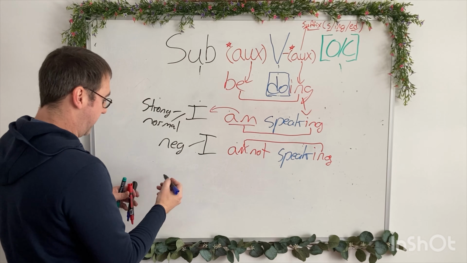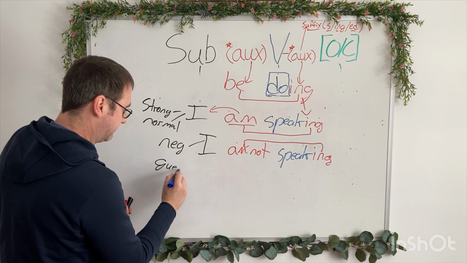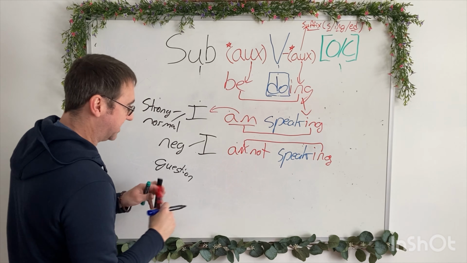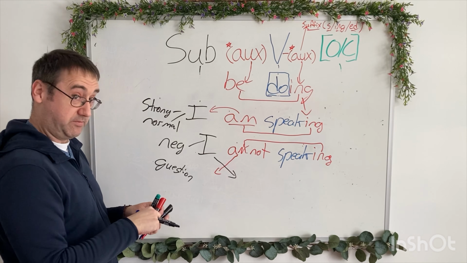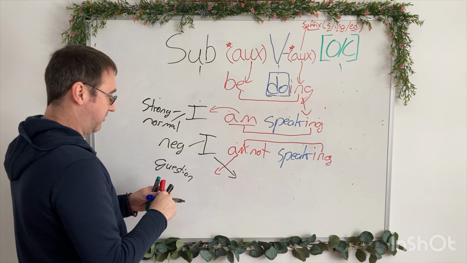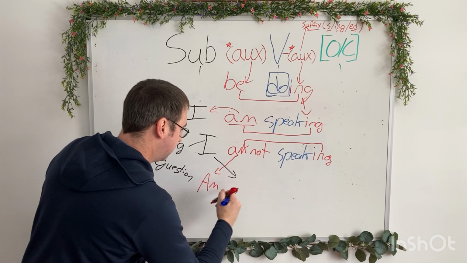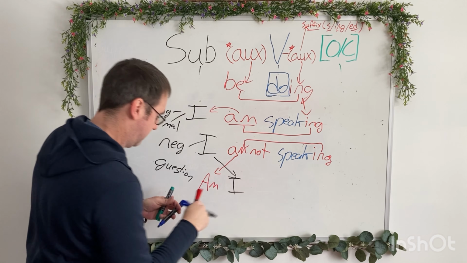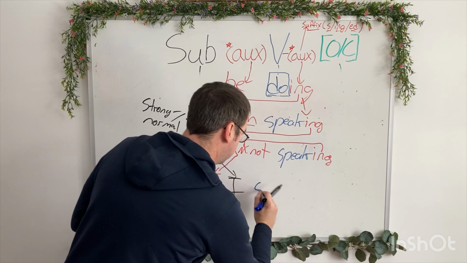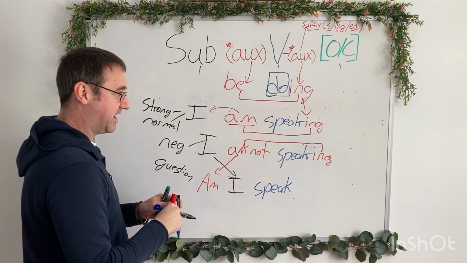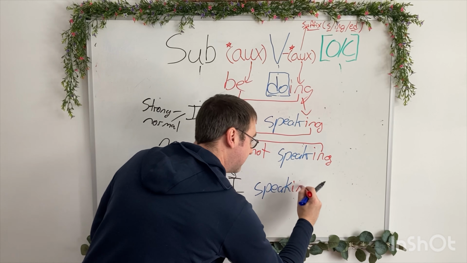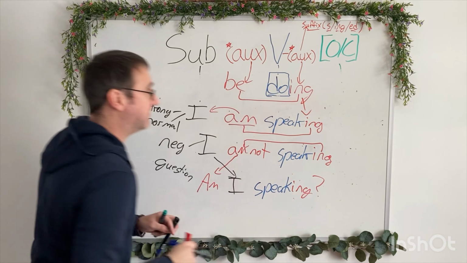Then we can make questions by taking the auxiliary and the subject and switching them. Okay, and then we get am, I, and then speaking. And the ing, I always put it in red because that's part of the auxiliary.